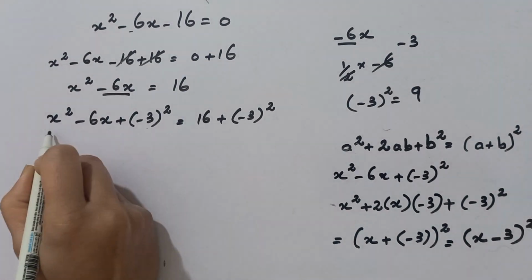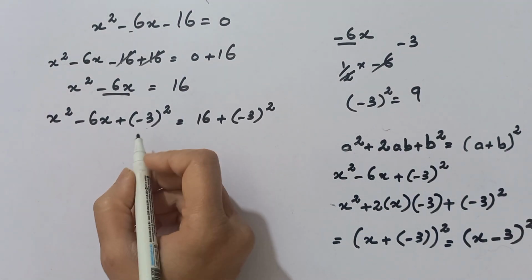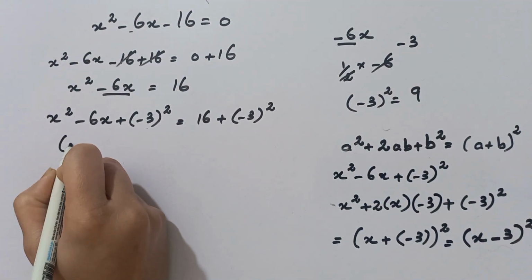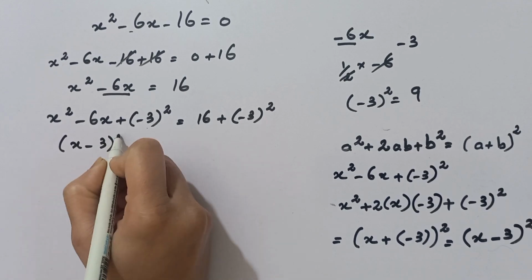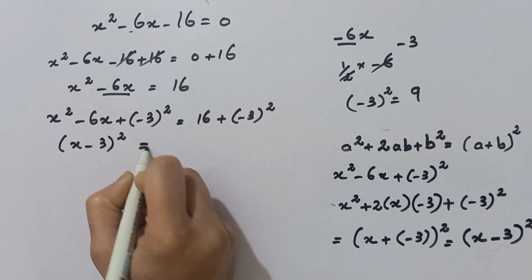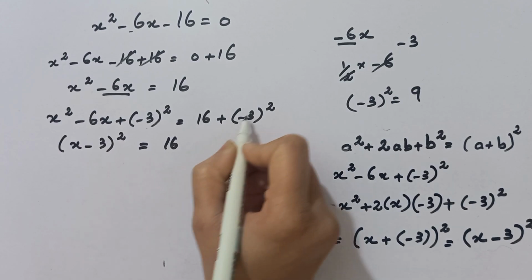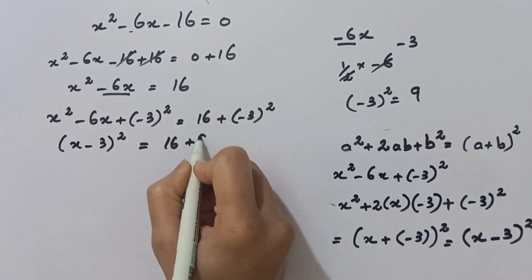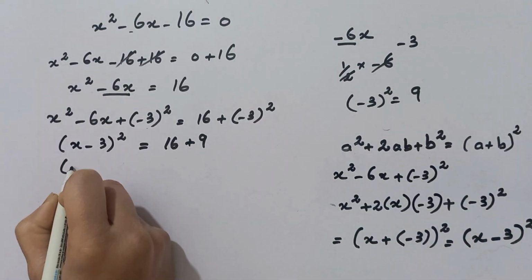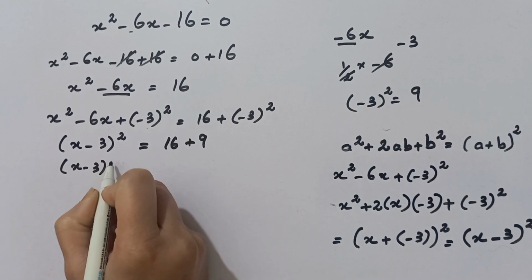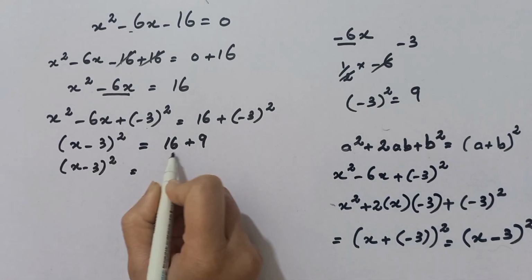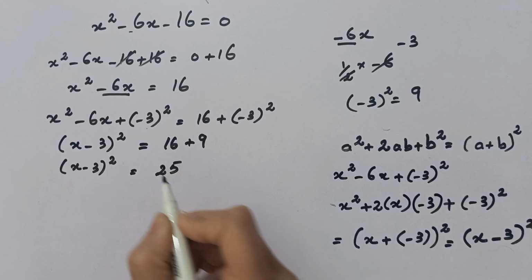So we can write this expression equal to x minus 3 whole square, and this side is equal to 16. Square of minus 3 is 9. So we will have x minus 3 whole square equal to 16 plus 9 is 25.